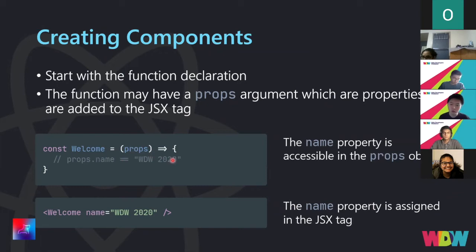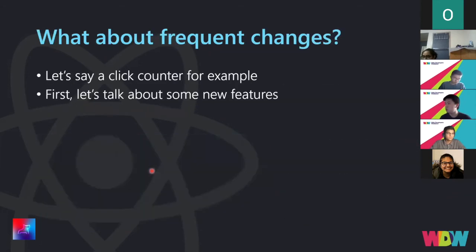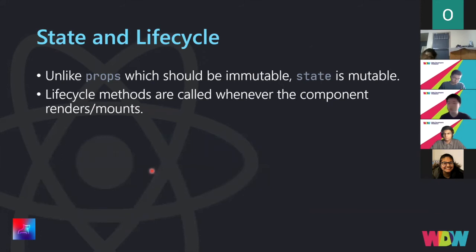So even though you can change the value of something in the props, it is not intended behavior. That is not what we're supposed to do, but it is possible. Conversely, state variables are meant to be changed.